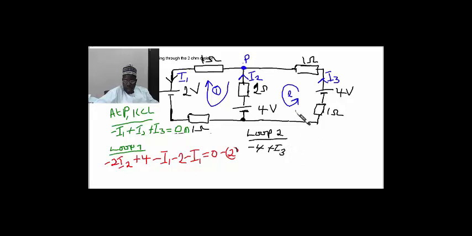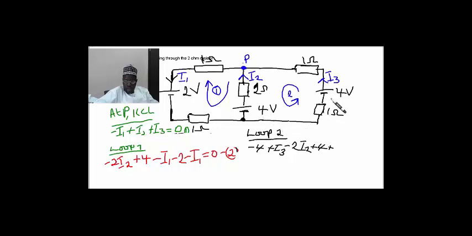Then coming here, my I2 into the 2 ohm is opposing me. I'm coming down, the current is going up, so there will be a negative potential drop across the 2 ohm resistor, so it's minus 2 times I2. And my battery will be positive because I am coming down, so I'm going to meet the positive terminal first before the negative terminal.